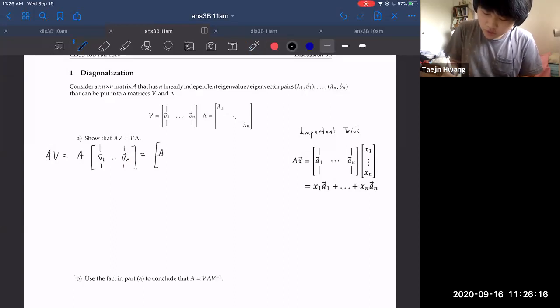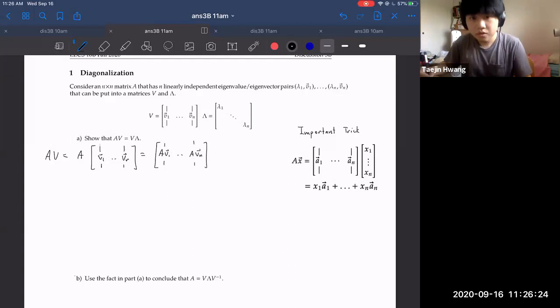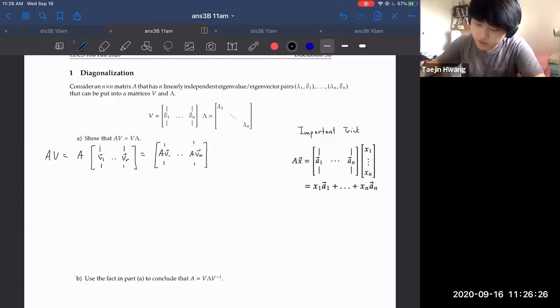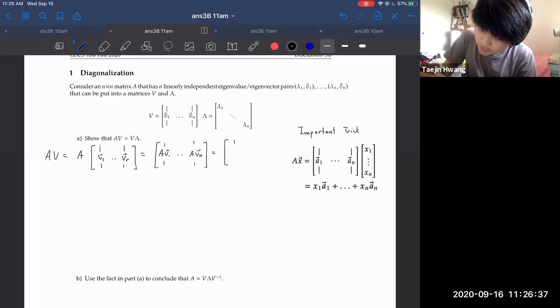So you can write this matrix product as AV1 all the way up to AVn. And from here, since we know that Vi is an eigenvector of A, you can simplify AV1 as lambda 1 V1 all the way up to lambda n Vn.